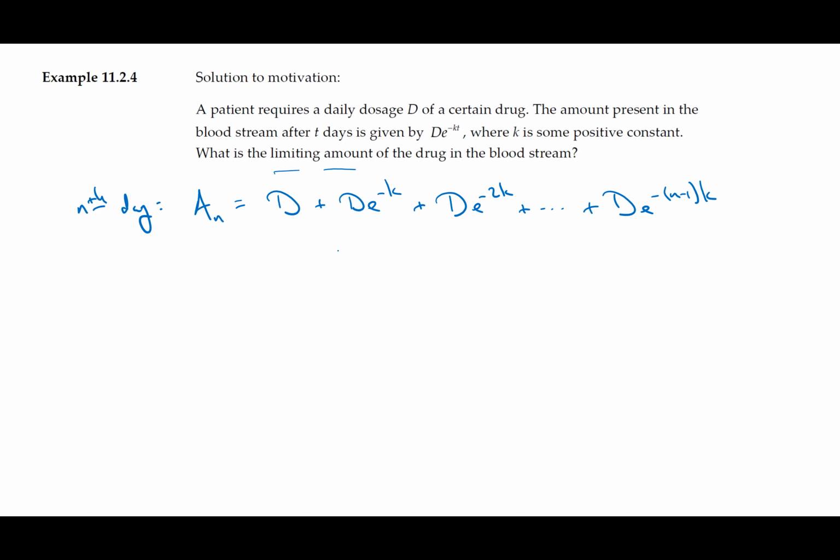And so e to the negative k is less than 1, so we have convergence, okay? So if I want the limiting amount, the limit as n goes to infinity of this sum, well, it's going to be that initial amount, right?